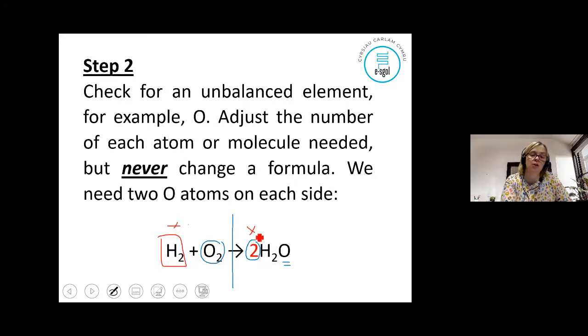But then continue your journey to check the next element within your formula, or the next formula, okay? And that's where the problem hits, because you can see clearly there that oxygen is diatomic and there was only 1 oxygen. So hence the reason for putting that 2 in front of the water.